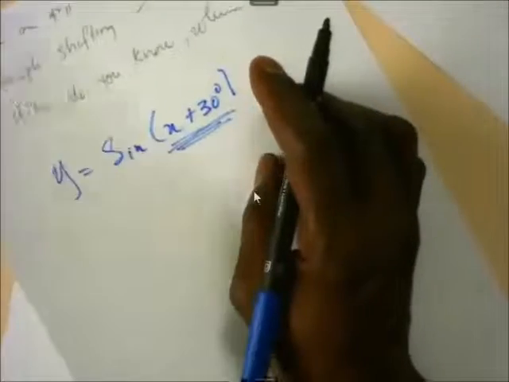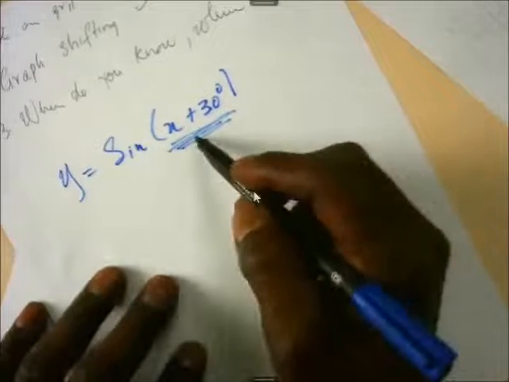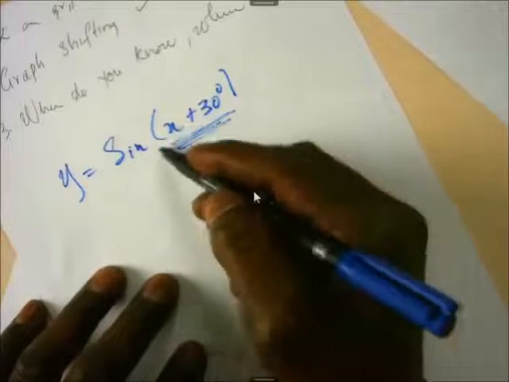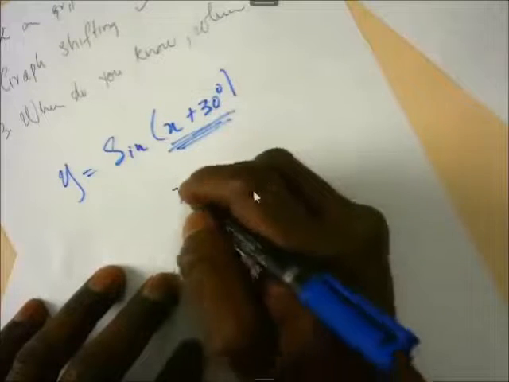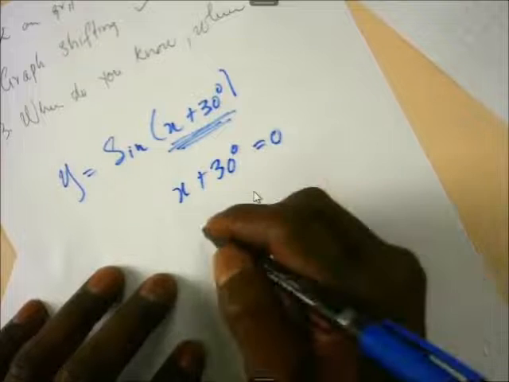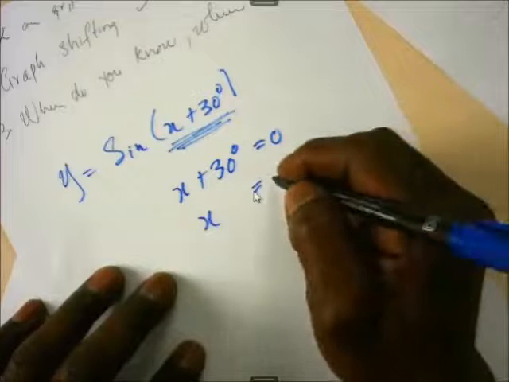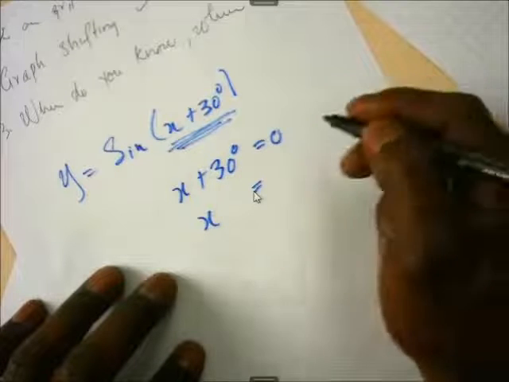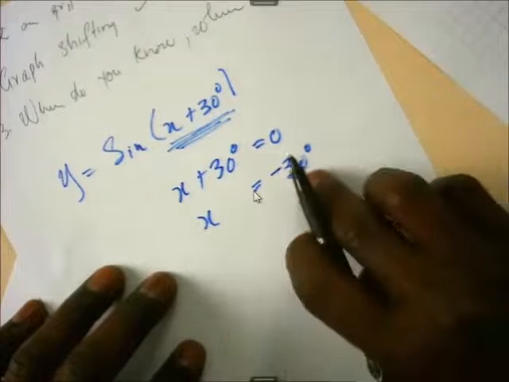Now we draw y is equal to sine of (x plus 30). We ask ourselves a question: when will this bracket be 0? So when will x plus 30 degrees be equal to 0? It is when, if we subtract 30 on both sides, we end up having the right hand side as x is equal to minus 30.